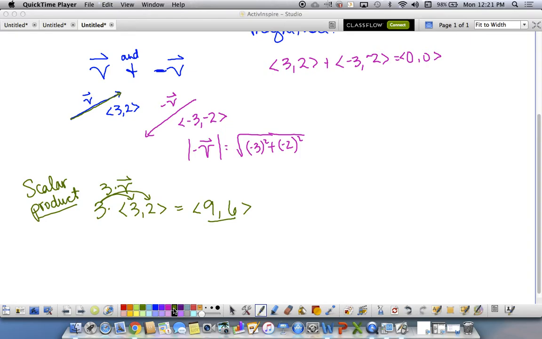Okay? We can actually subtract vectors. Let's see. I need new numbers. Vector u has components of 4, 6, and vector v has components of 2, negative 5.